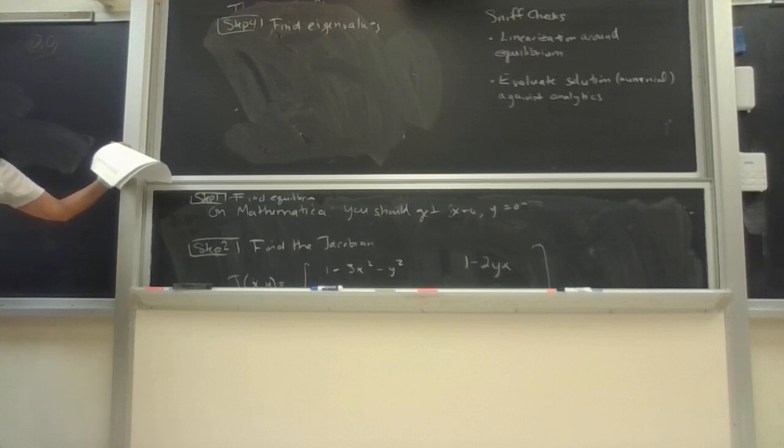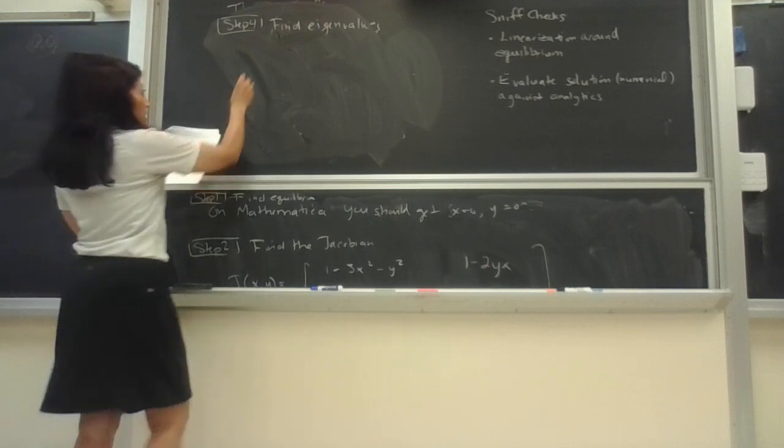Where do you get spiraling motions? Complex. So you expect to get something with a positive A and a non-zero B. That's what I would expect. Let's check if Mathematica got it right.